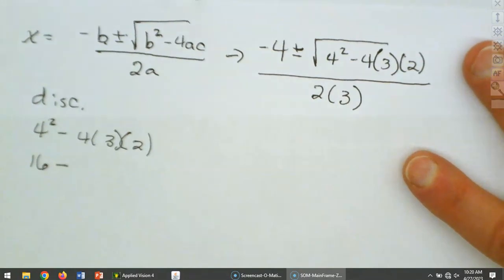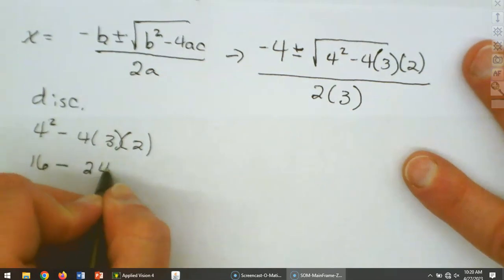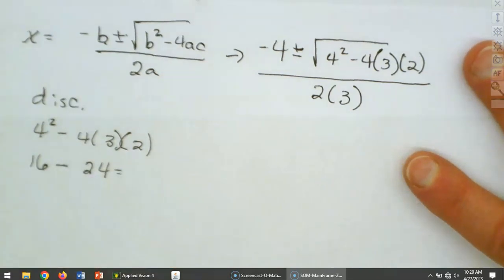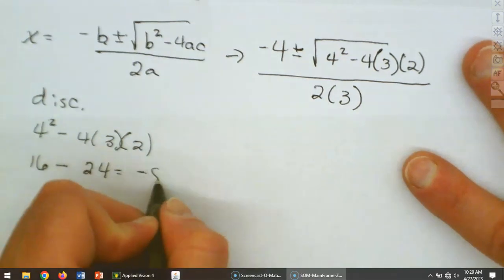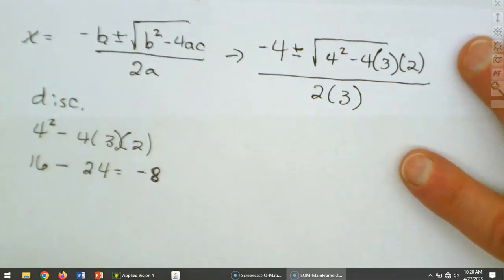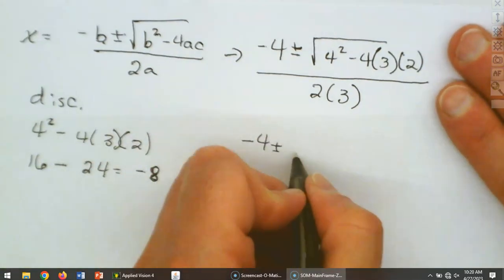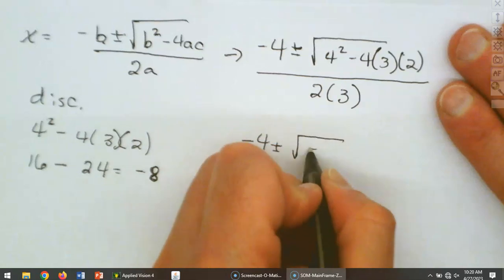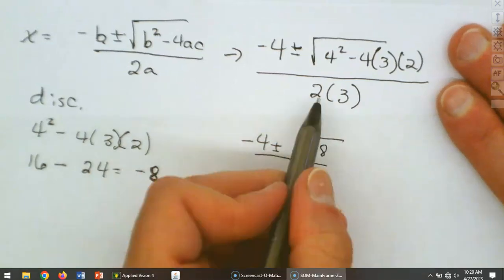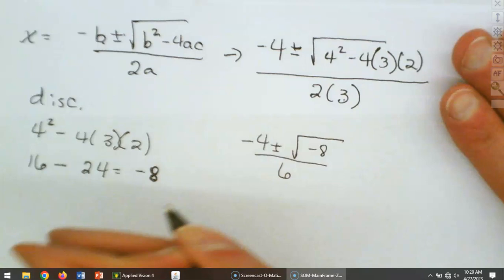Times 2 makes it a 24. And be careful with your signs. 16 minus 24, well, that's a negative 8. 2 times 3, that makes it a 6.